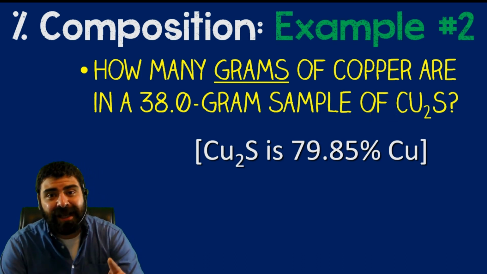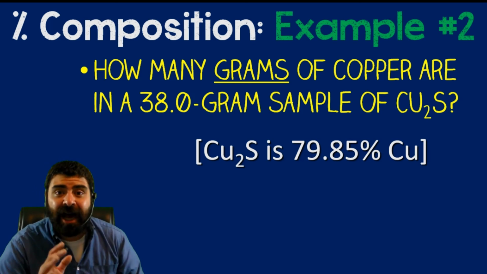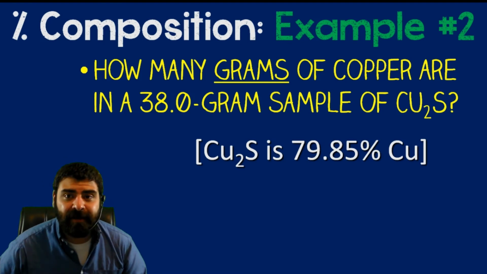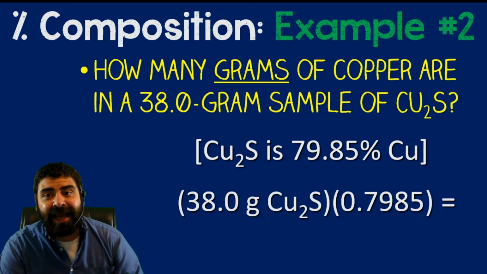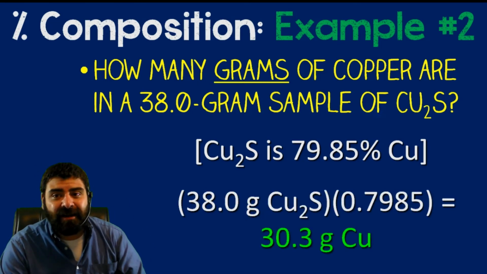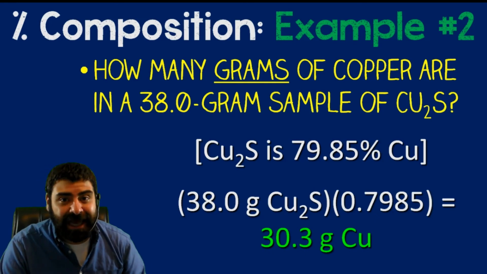If we know that there are 38 grams total, we can multiply that by the percent composition of copper to find the number of grams of copper. Remember, before you use that percentage of 79.85, move that decimal place over 2 spaces. 38 times 0.7985, and we know that there are 30.3 grams of copper in our 38 gram sample of copper sulfide.